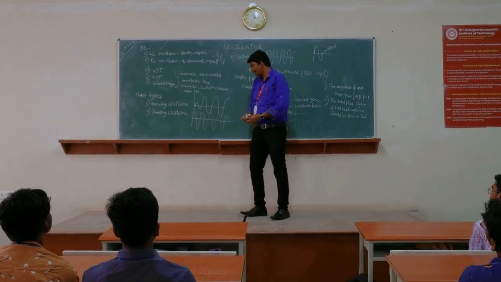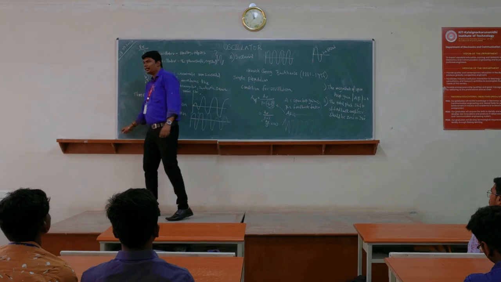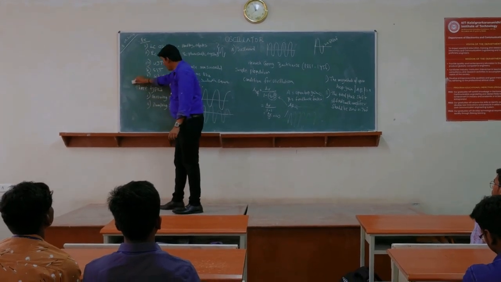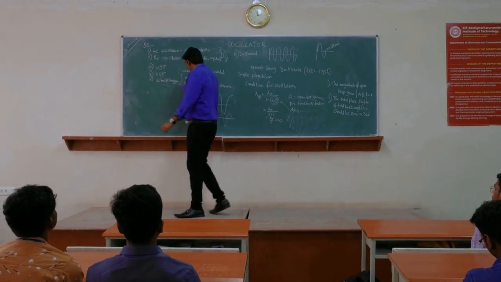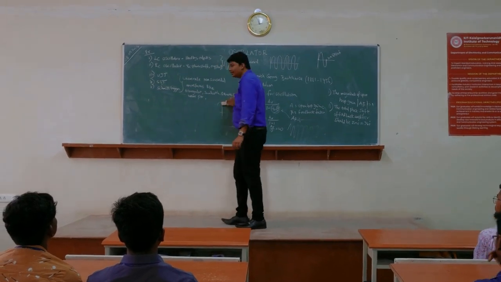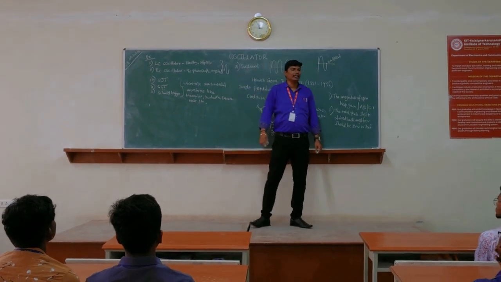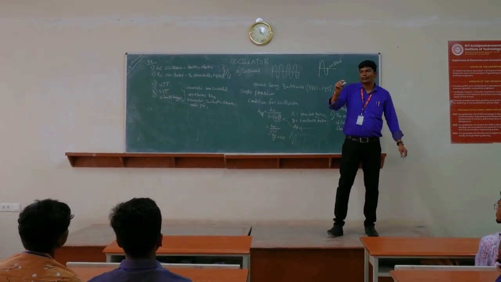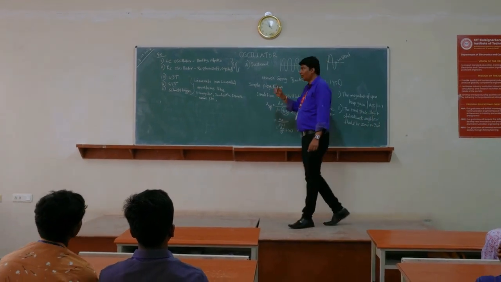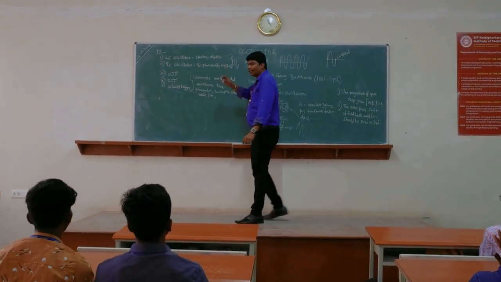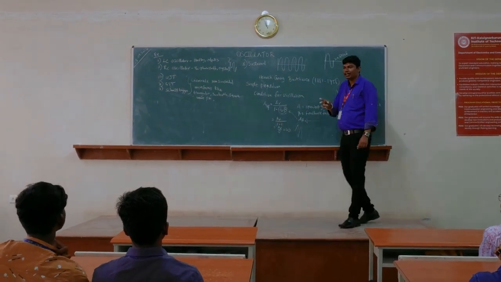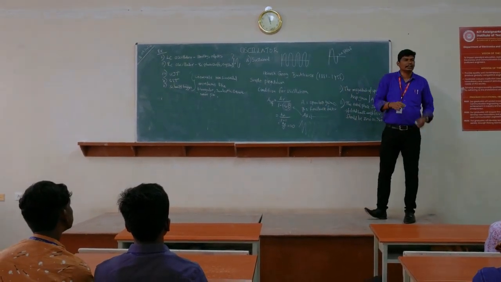The applications of oscillators, where they can be used. Firstly, these circuits were used in applications like TV, radio, and all, because there we need a tuned circuit. So we need oscillations. Because if there is oscillation, there will be two parameters you have to consider: the V-I characteristics.